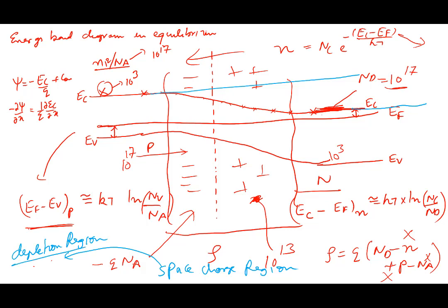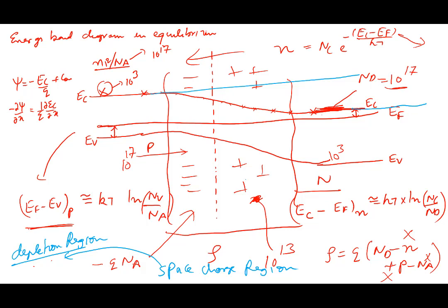Because if I look at this region here, the electron density is much smaller than Nd, and the hole density is much smaller than Na. So this region has few electrons and holes. It is depleted of electrons and holes, in the sense that n is not equal to Nd.